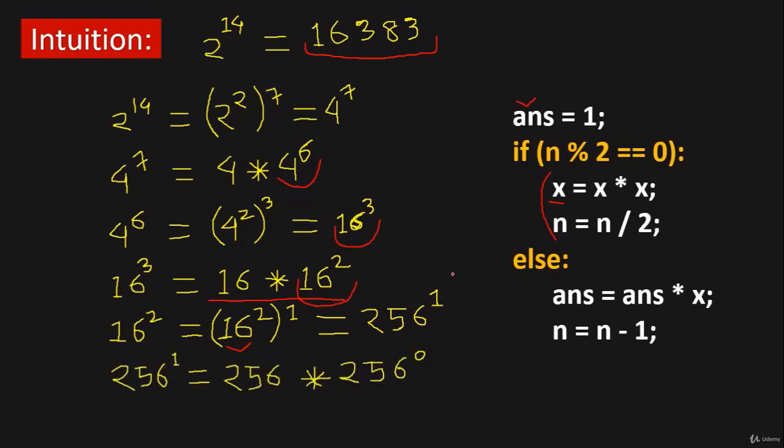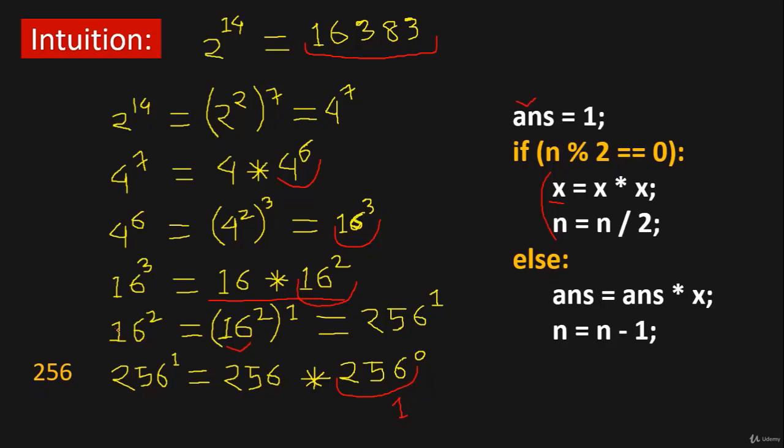Then let's apply this formula. Since 1 is not divisible by 2, we get 256 times 256 to the power 0. Okay, we subtracted 1 from this, so we get this. For this, it will return 1 because anything to the power 0 is 1. So 1 times 256 returns 256.